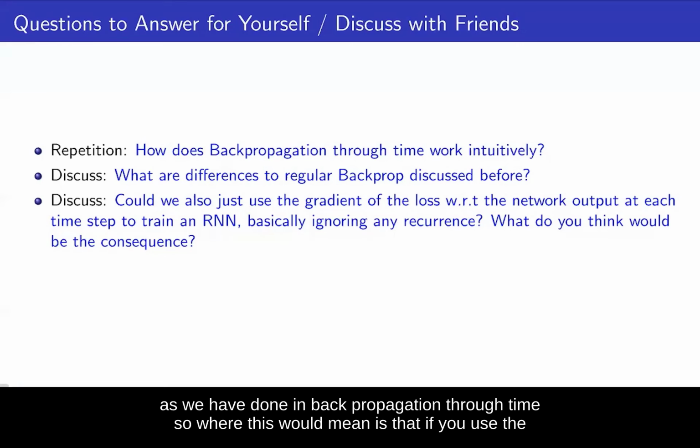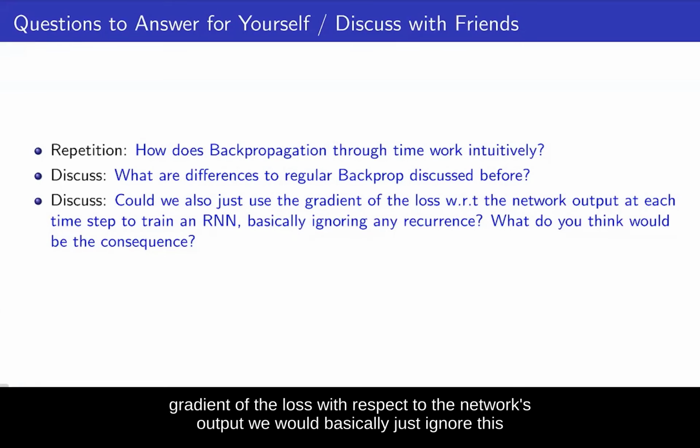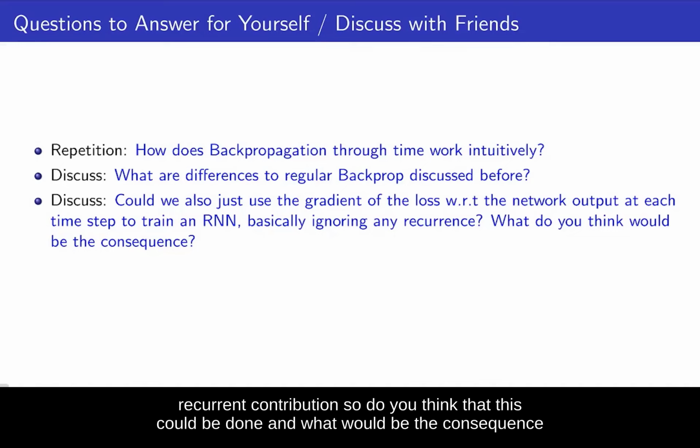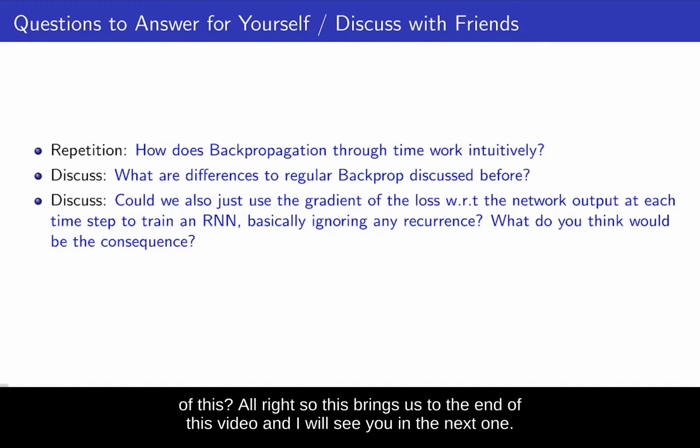This would mean that if you use the gradient of the loss with respect to the network's output, we would basically just ignore this recurrent contribution. So do you think that this could be done? And what would be the consequence of this?